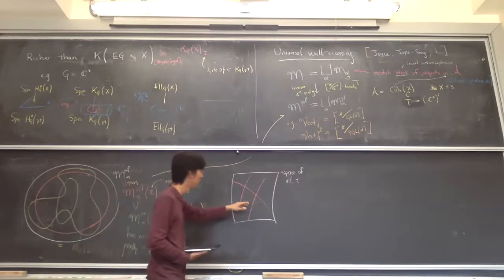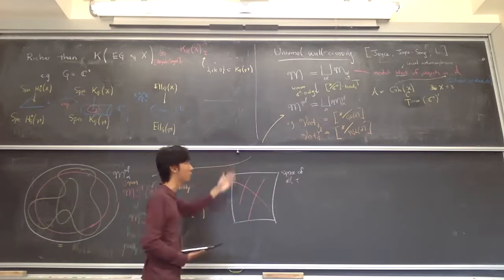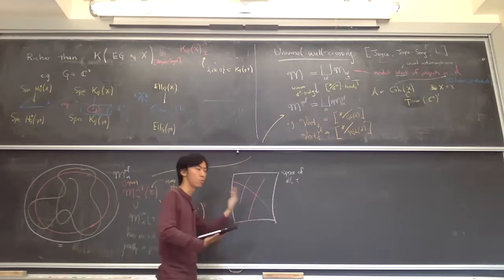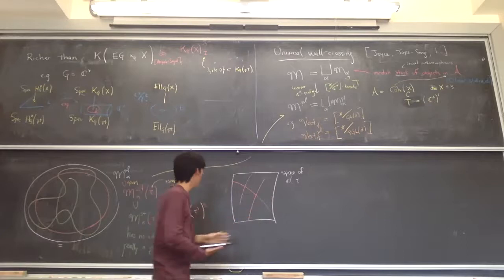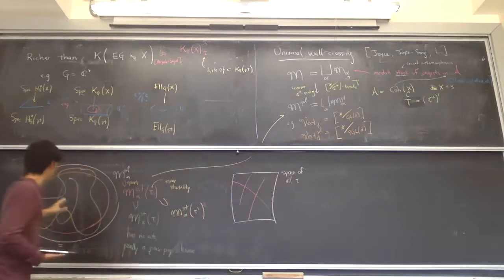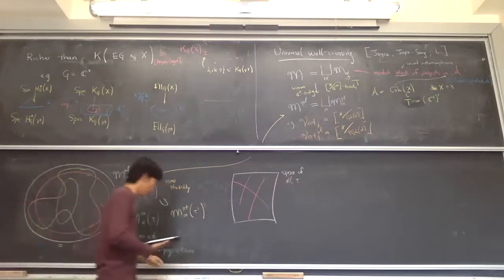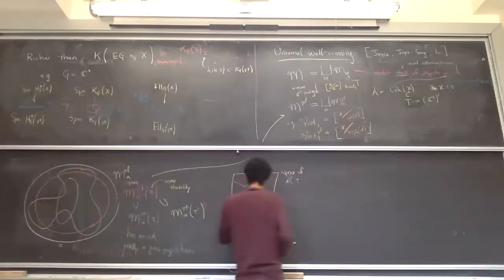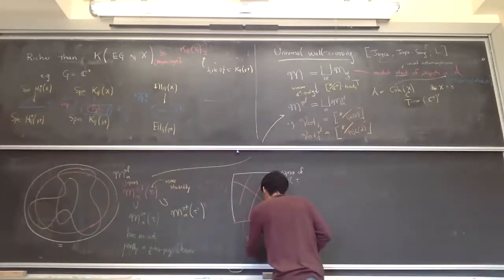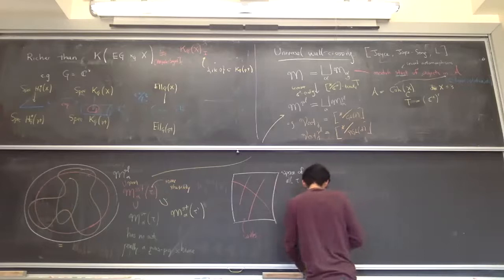What happens when you cross a wall is that certain objects in your category will destabilize, certain objects will restabilize themselves. And so the geometry here really changes. These are some walls.